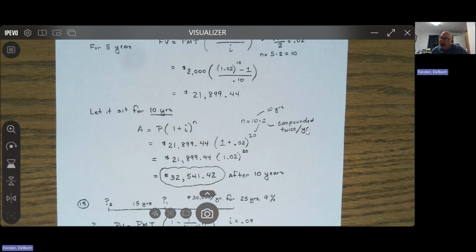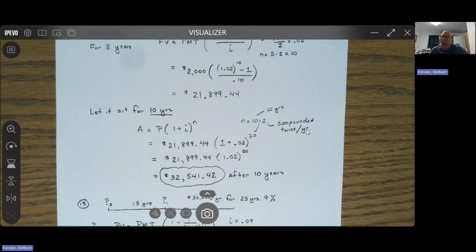So we haven't changed anything on the interest compounding, so it's still semi-annually, and it's still compounded at a rate of 4% semi-annually. So you're going to go ahead and run that same action as you get ready for your N and T. All right, so 0.02 referencing the interest per period. And if you're going to let that sit for 10 years, 2 compounding periods per year, that's 20 compounding periods.